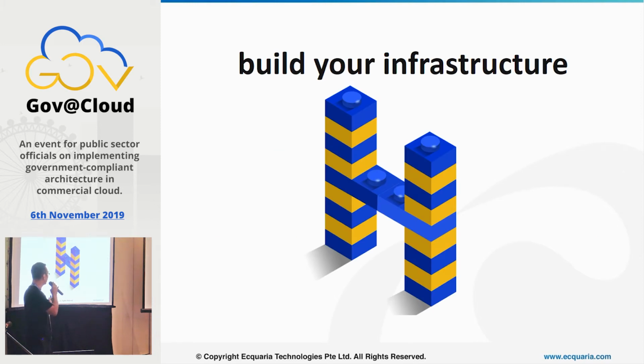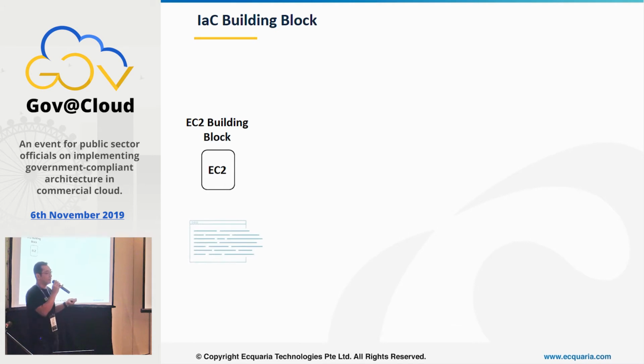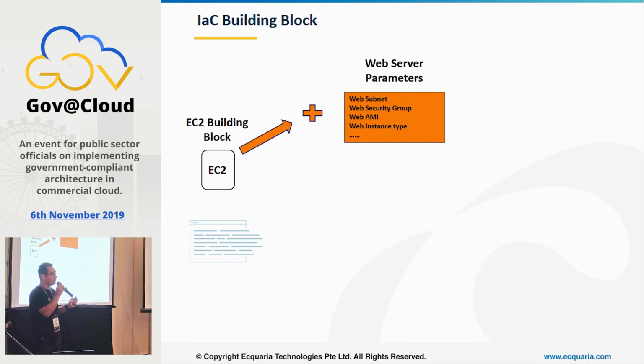And you use these modules to apply and to construct your infrastructure. For example, I take a building block of EC2, which is a VM in AWS. I write this code. I input parameters. The parameters can include the subnet, the security group, image type, the instance type that we mentioned earlier on that we clicked through.